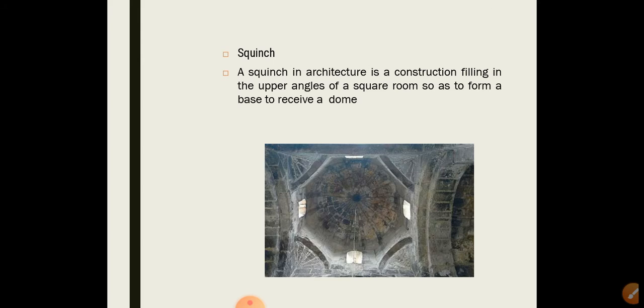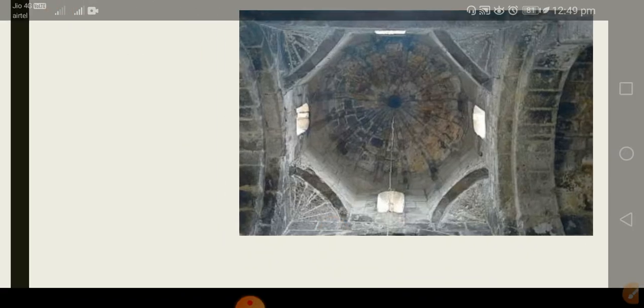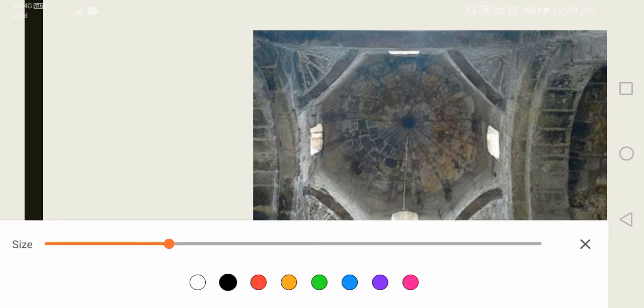Then you have the squinch. The squinch in architecture is a construction filling in the upper angles of a square room so as to form the base to receive the dome. Here I will show you. Here this is the dome.